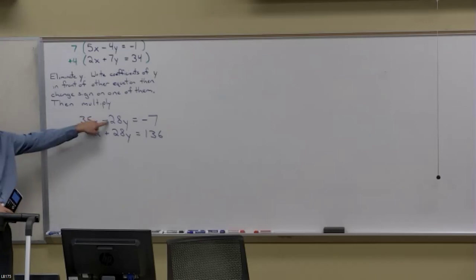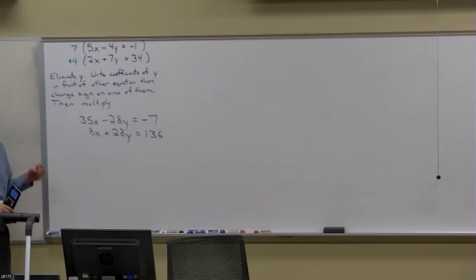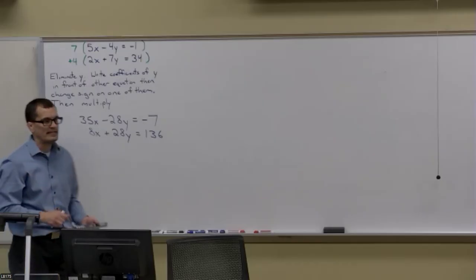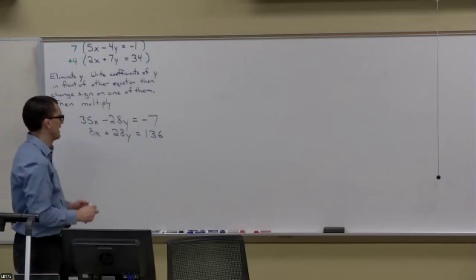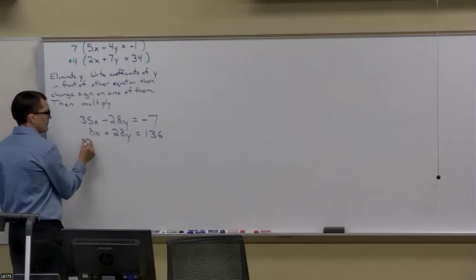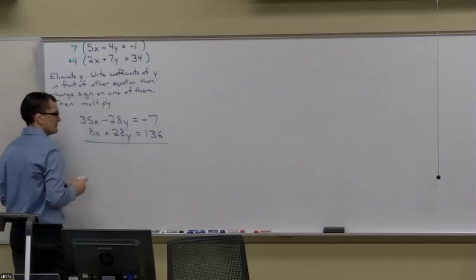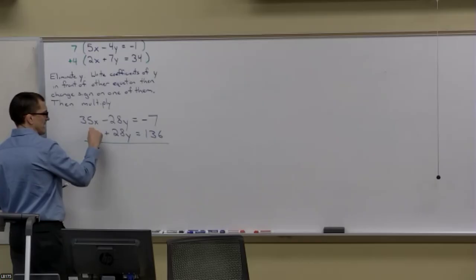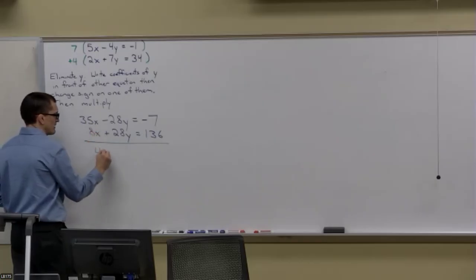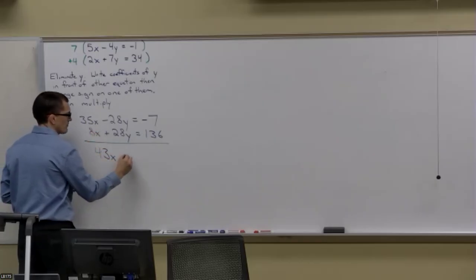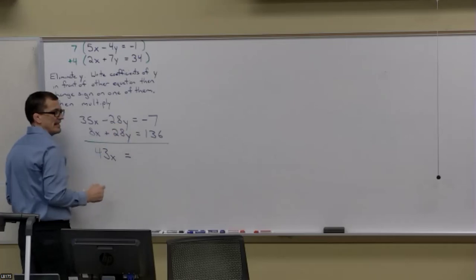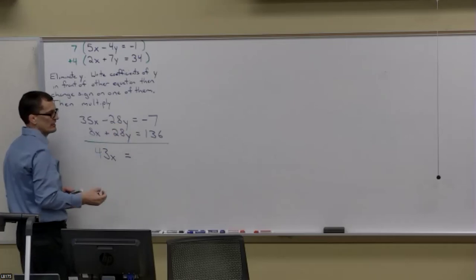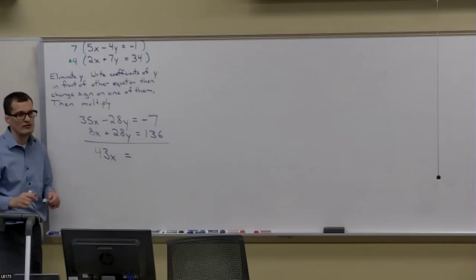Now we have a negative 28y and a positive 28y. That's exactly what we wanted. We wanted opposite coefficients so that on my next step, when I add them together, they get eliminated. When I add 35x and 8x, I get 43x. When I add the y's, they cancel each other out. That's why I wanted opposite coefficients.